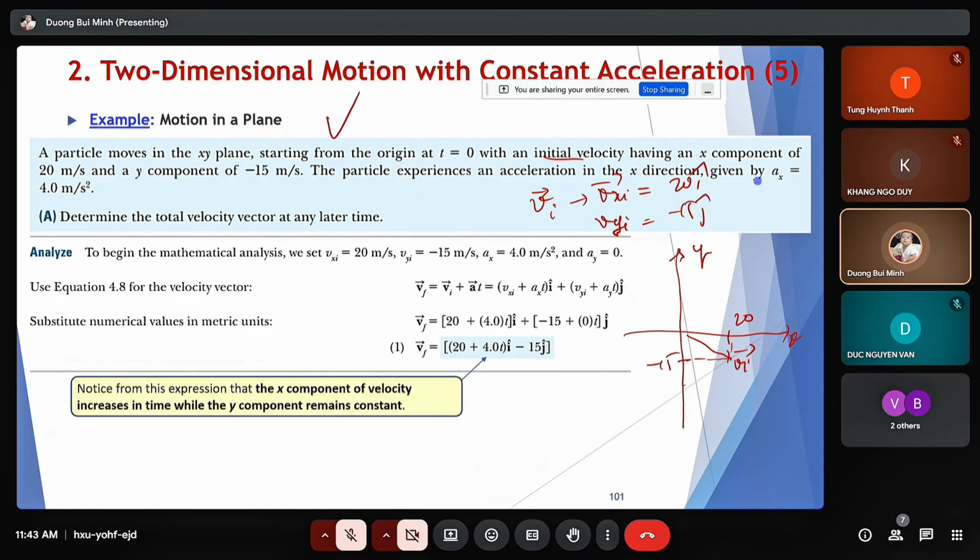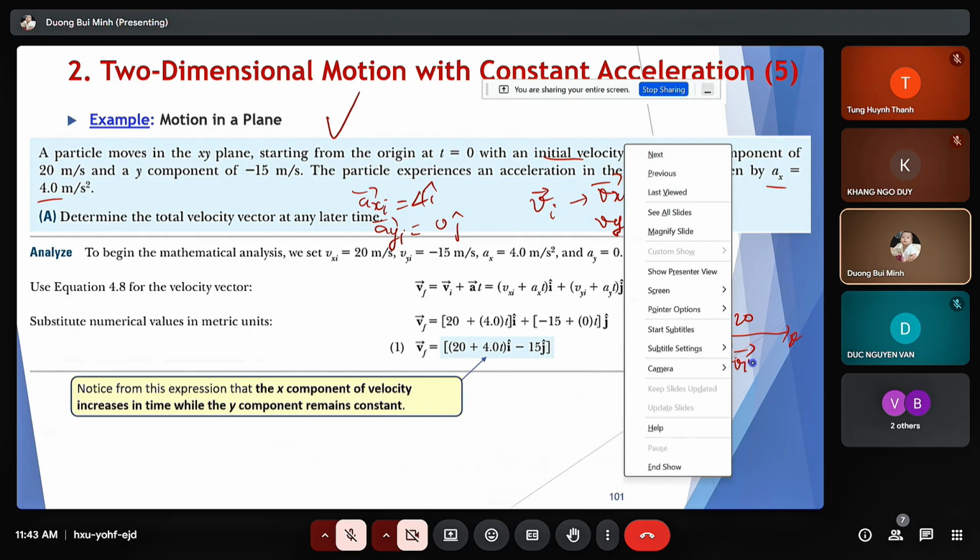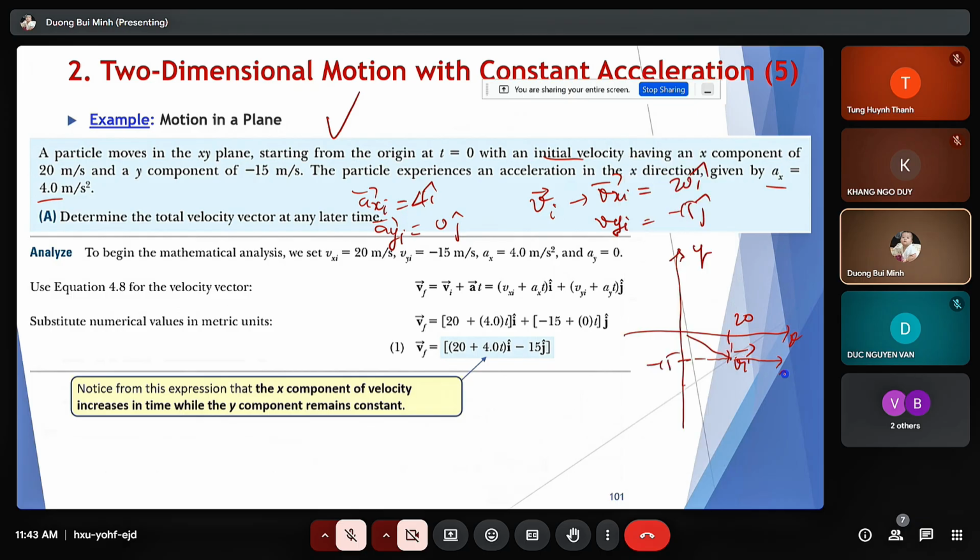They also give us Ax, which is 4 i-hat, and Ay is 0 j-hat. That means we get A like this.